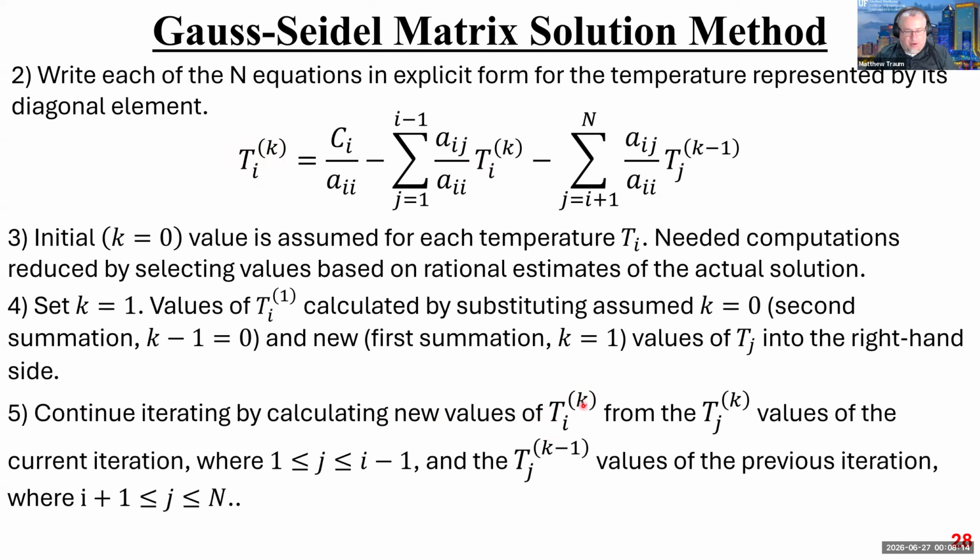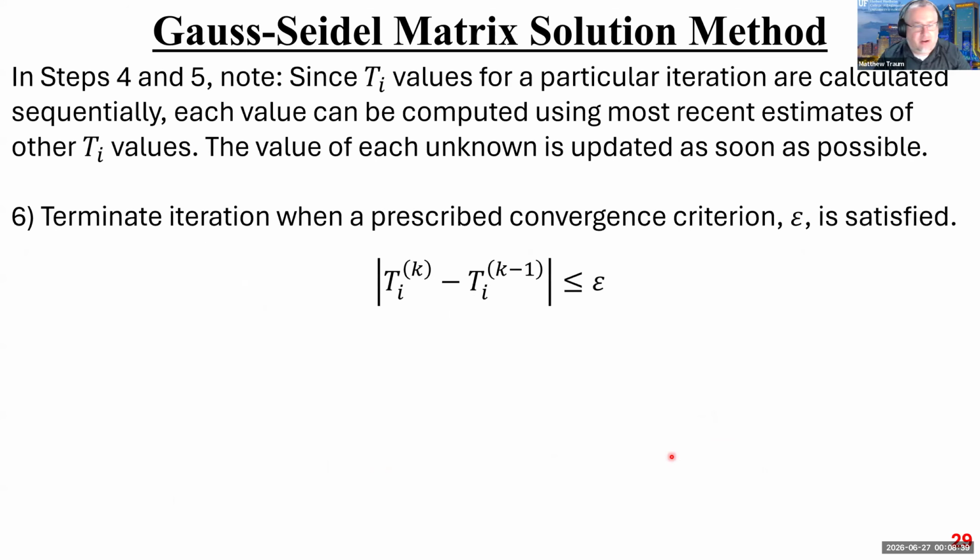This is not an exponent, right? This is just an index that's counting how high we're going in k from the T sub j k values of the current iteration, with some parameters given for what j needs to be relative to i. Okay, probably easier to actually show you this as an example because this is sort of mathematical gobbledygook.